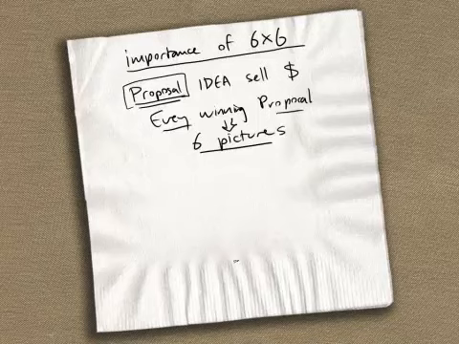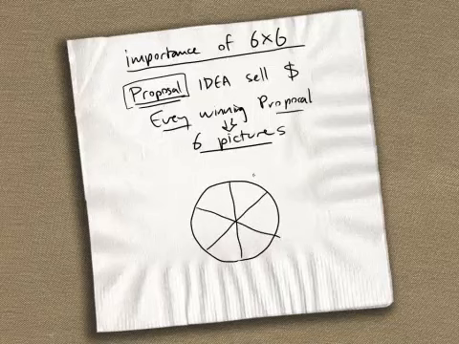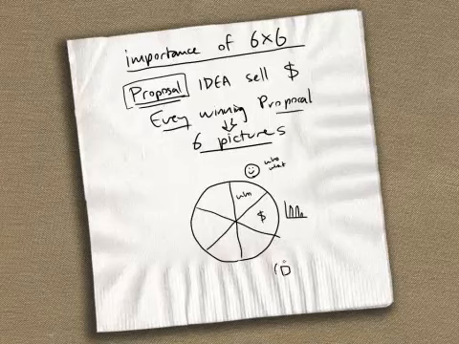And of course, you know what 6 pictures they are. Every good proposal is going to contain a portrait that says this is who and what our idea is about. It's going to contain a chart that gives some numbers. It's going to contain a map of some kind that's going to give location and where things are happening. It's going to contain a timeline, otherwise known as a roadmap, of when things are going to happen.